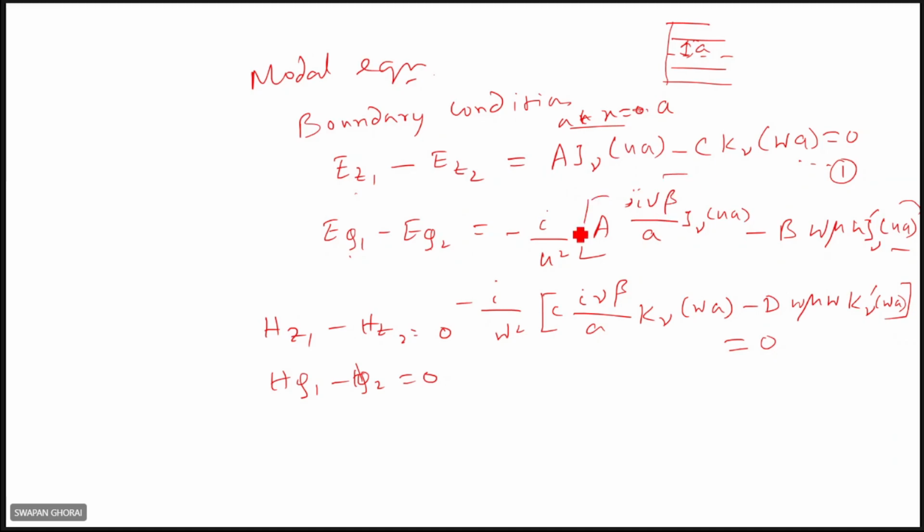Similarly, Hz1 minus Hz2 equals 0, H phi1 minus H phi2 equals 0. The field components we have derived earlier, so from that you can have all these equations.